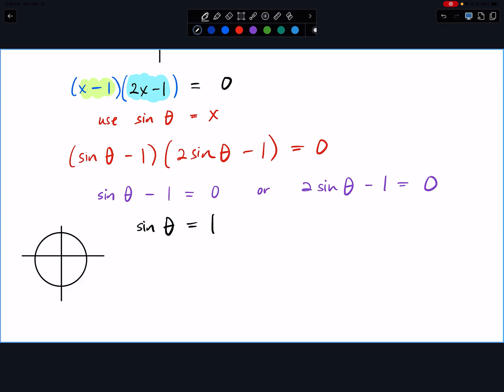Y. So if sine is y, am I going to go up, down, left, or right? Up, okay? So this coordinate point is the point 0, 1. What angle is that? Pi over 2, good. So theta is equal to pi over 2. Now, there's only one place where this happens, right? Because that's the only place I go up 1. So this is the only answer for this equation.